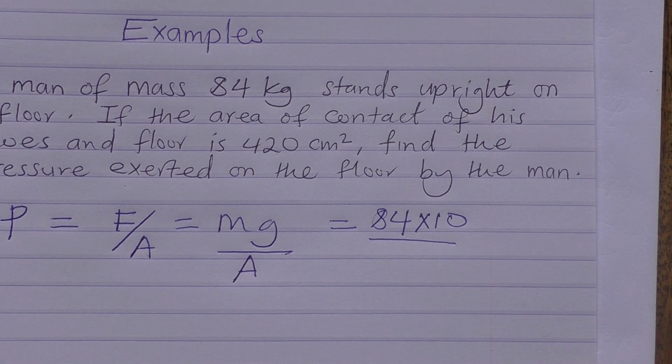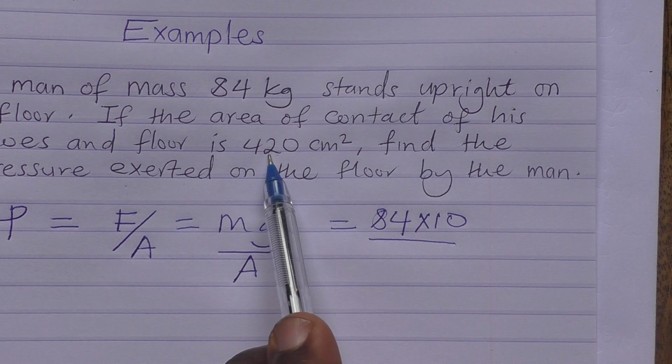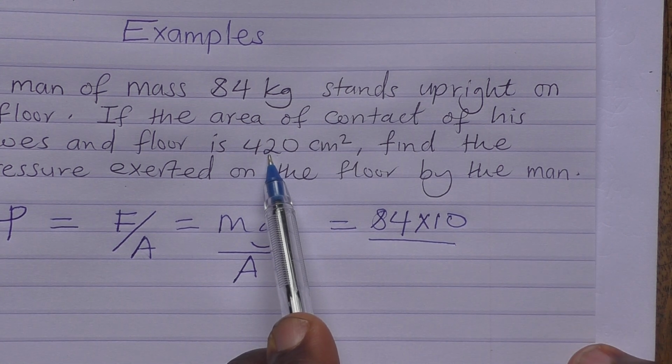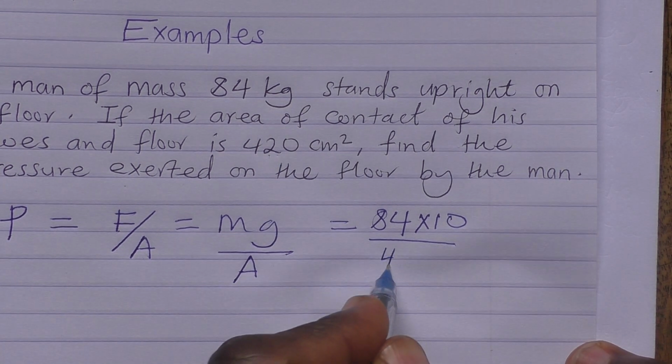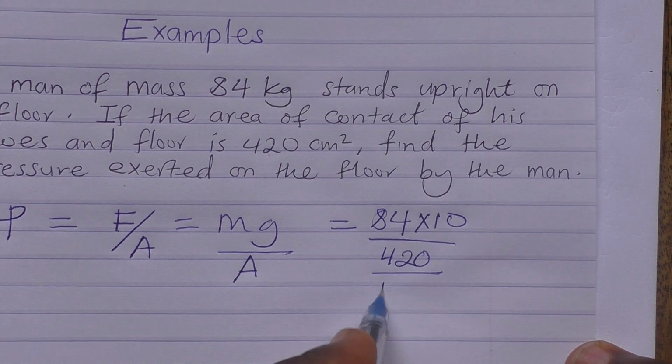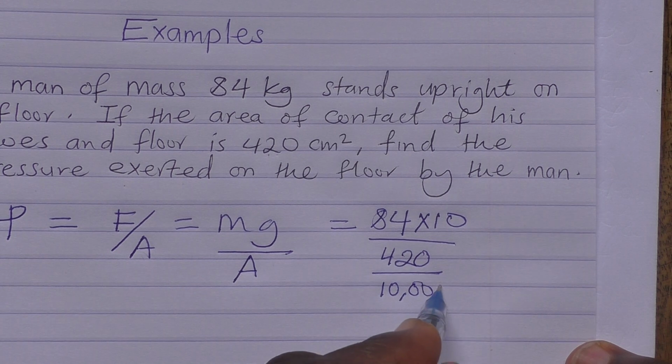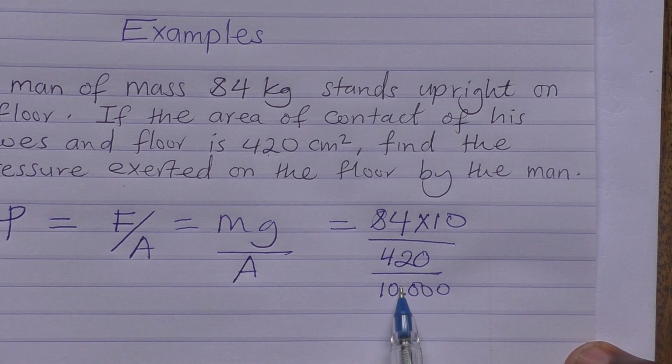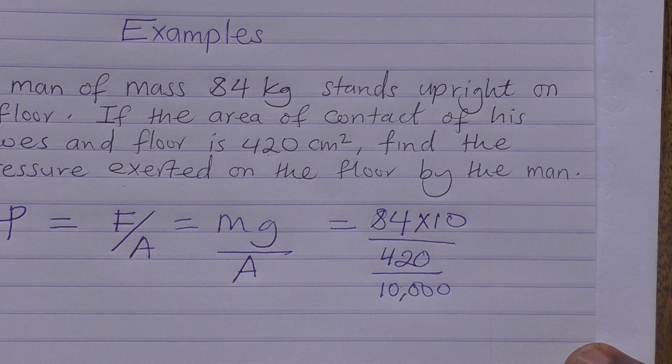Perhaps our area is in centimeters squared, which is not the standard unit, and therefore we must change. So we are saying this divided by 10,000, as we are changing from centimeter squared to meter squared.